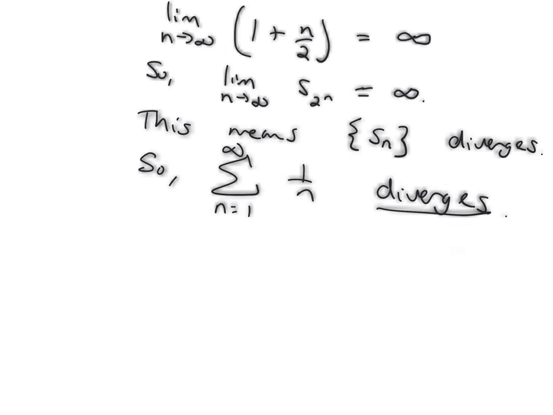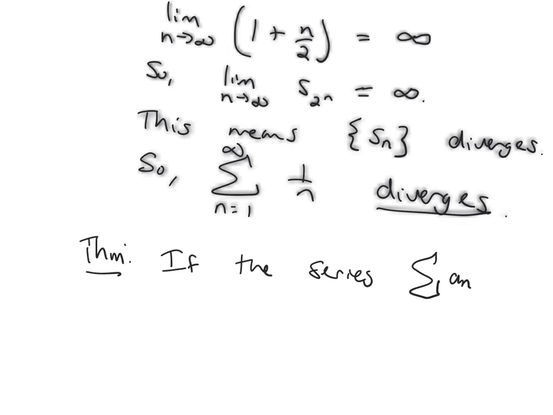So to start, we're going to notice the following statement, which says, if the series sum of a sub n is convergent, then the limit of a sub n is 0.